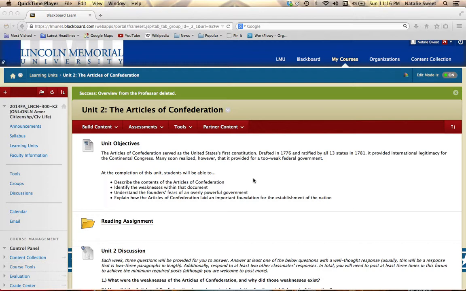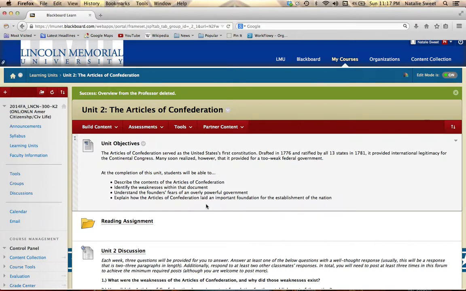And as you think about that, think about how fears of a too powerful federal government continue to play a role in our politics today. And as a final point, you should be able to explain how the Articles of Confederation laid an important foundation for the establishment of this nation.